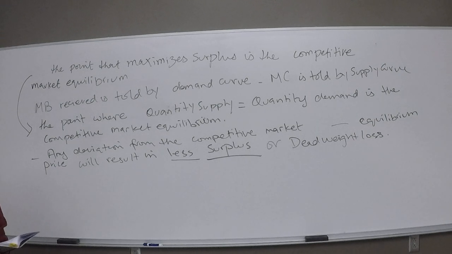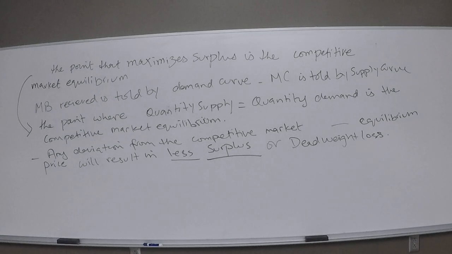Question: is that just less surplus in general, or a specific type of surplus? Deadweight loss is a loss in the market because it's like a surplus you could have made, but you didn't because your price was not right.